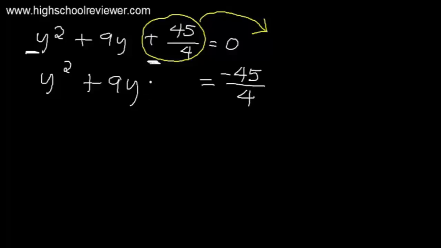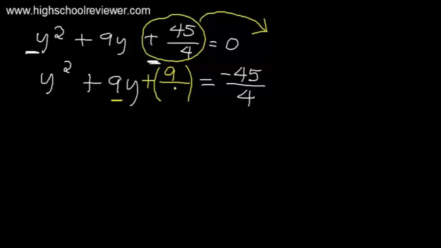Okay, and then we are going to add here a third term to make it a complete square. The third term will be a fraction, and the numerator will be the numerical coefficient of our second term. So this is 9.